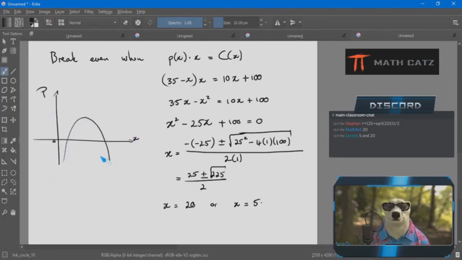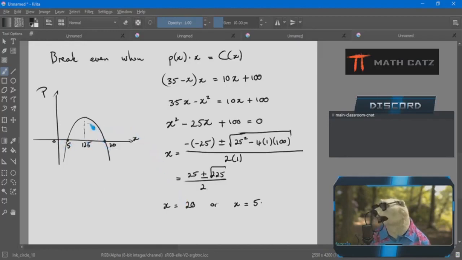It sort of sits balanced around the maximum of 12.5, the 20 and the 5. So it's 7.5 on either side. So if I make 5 items, if I make 20 items, I'm still going to get a profit of 0.